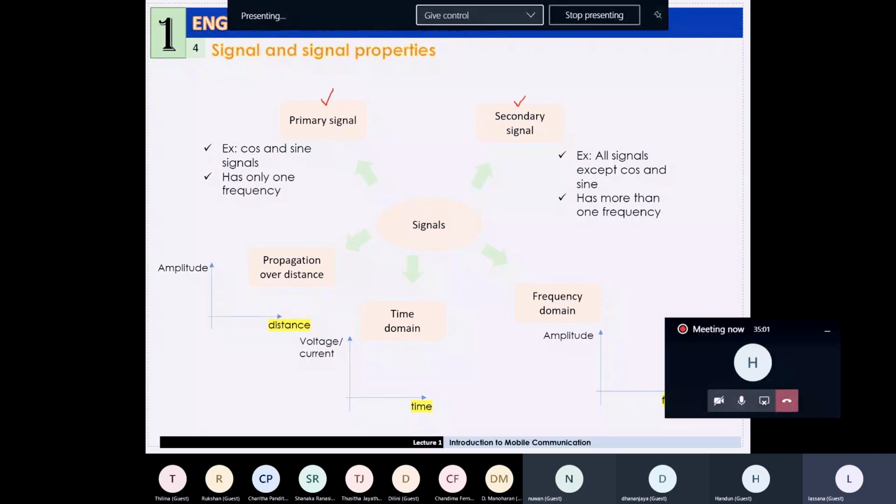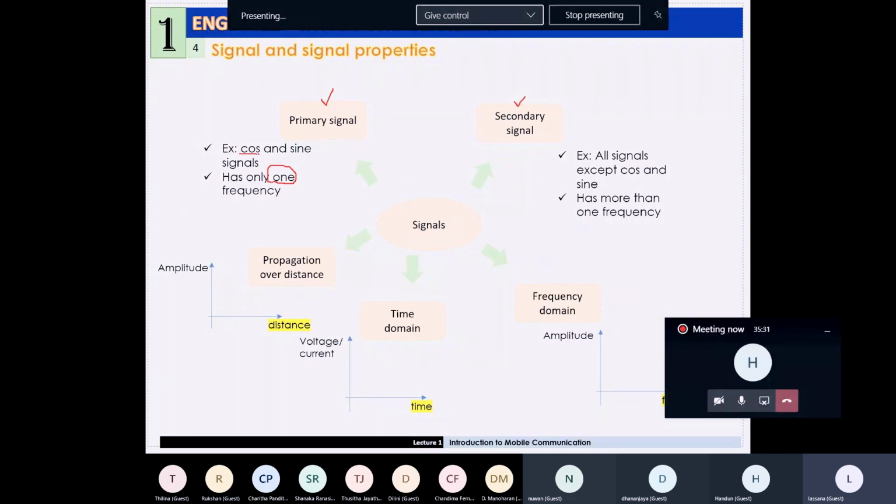Why do we say a primary signal? If a signal has only one frequency component, or one frequency, we call that signal a primary signal. For example, a cos signal is a primary signal, a sine signal is a primary signal. Then sometimes you may wonder what this cos and what this sine is.